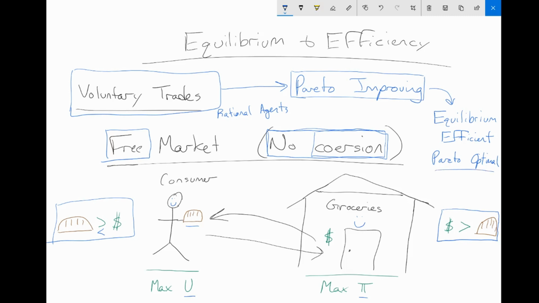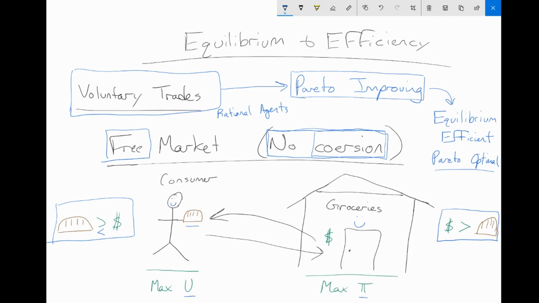So here's the idea. The market is filled with agents, consumers and producers. As long as they're free, they will enter into voluntary exchanges amongst themselves. Every one of those voluntary exchanges will be Pareto improving, in the sense that every single one of those exchanges will make at least one of the agents better off without making another one worse off.